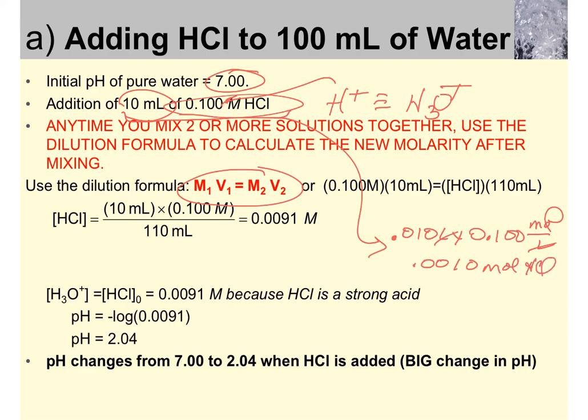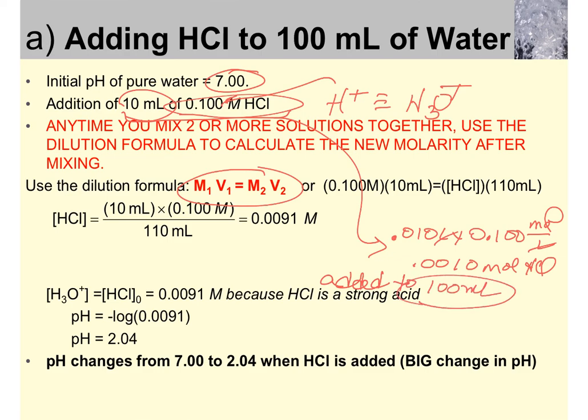Now, that's not the ultimate concentration of HCl, though, because I dumped it in another solution. If you go back to the problem, it started with 100 milliliters of solution. So we added this 10 milliliters of HCl to 100 milliliters of water.